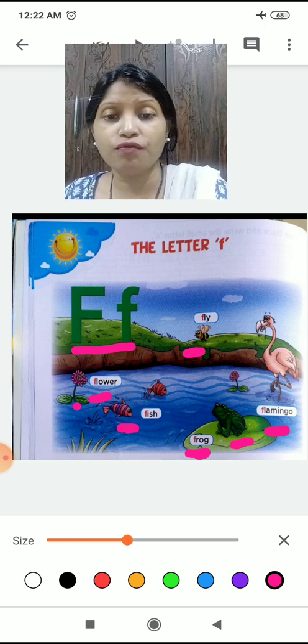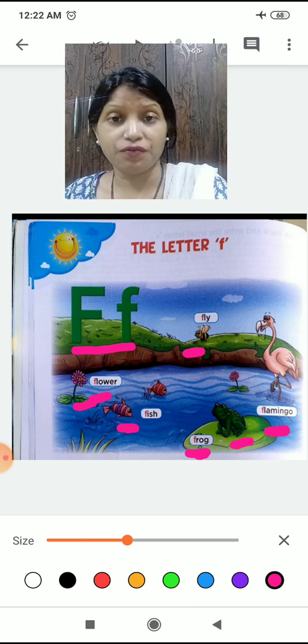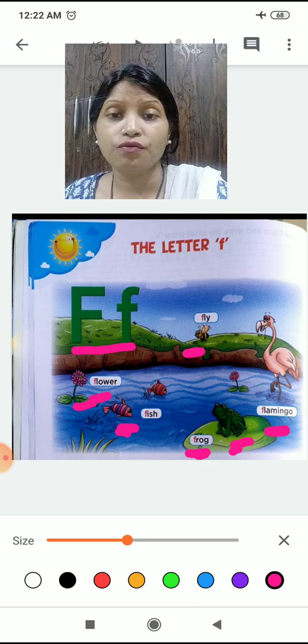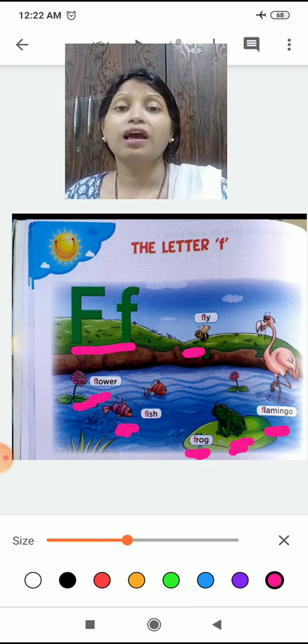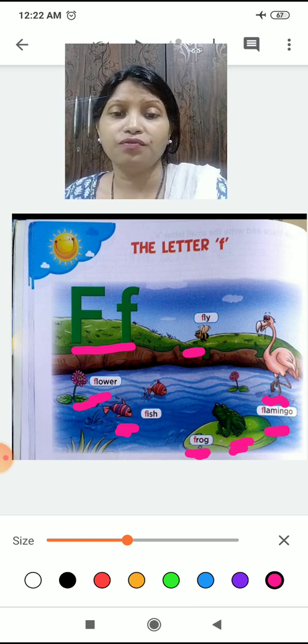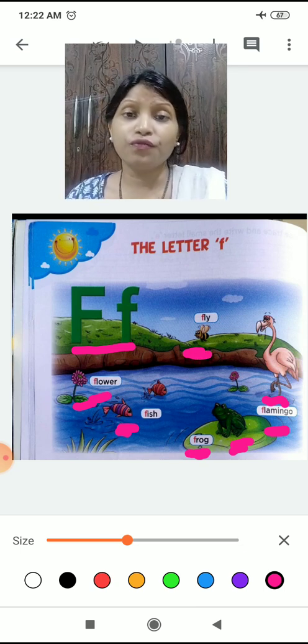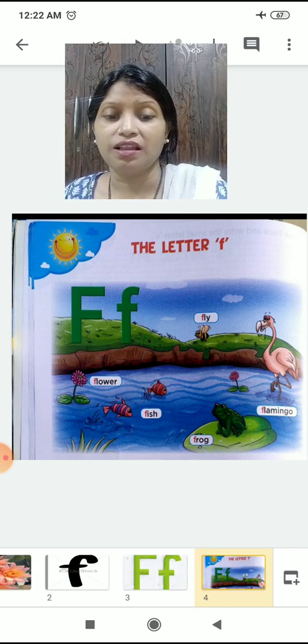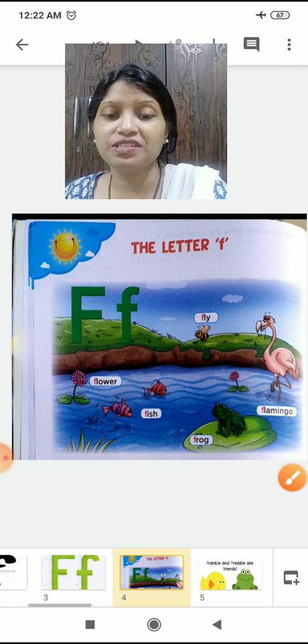F is for flower. F is for fish. F is for frog. F is for flamingo. F is for fly.